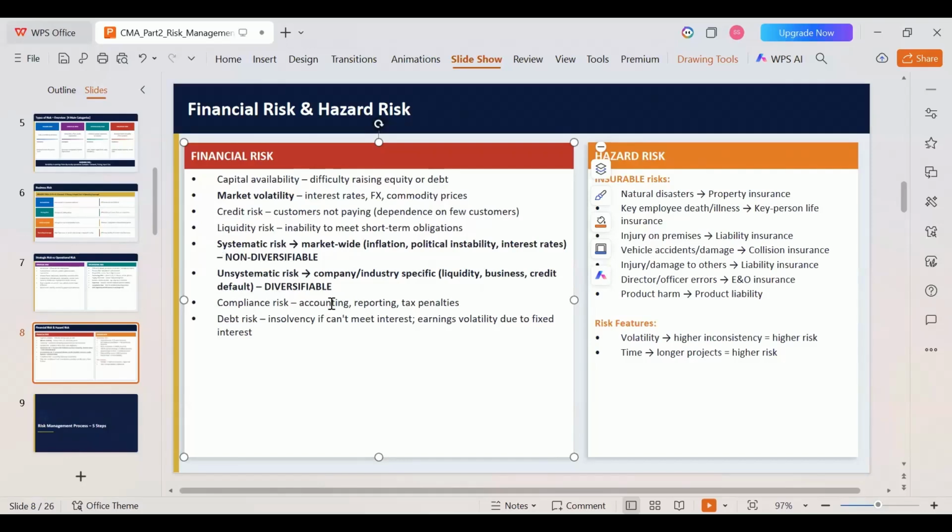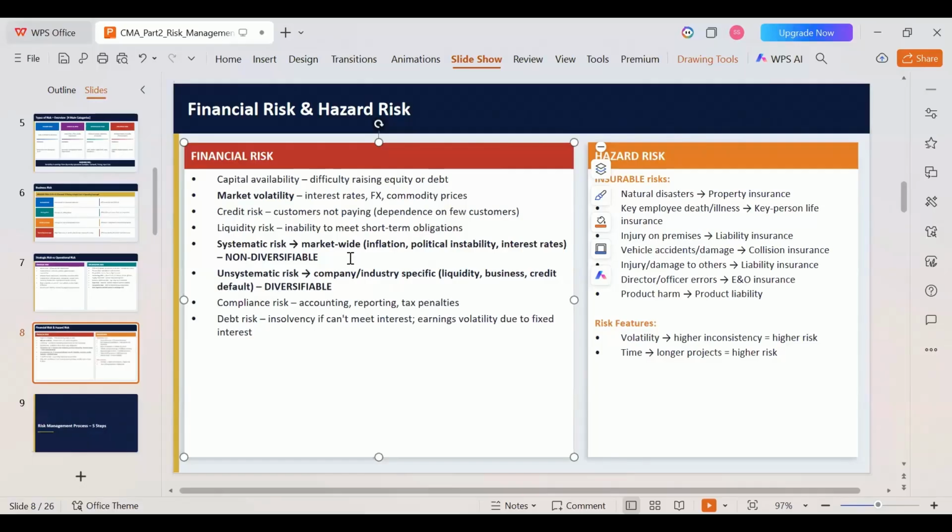We have studied about this. Systematic risk means it's a market-wide risk. Every company across every industry is facing this risk. It is common for everyone. And the reason that it is common for everybody is that we can't diversify. What is meant by diversification?